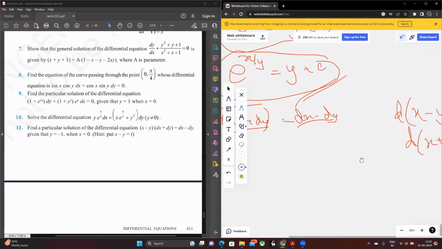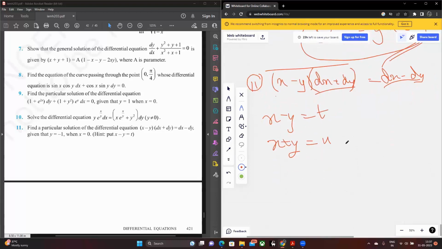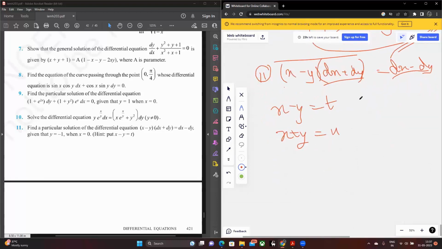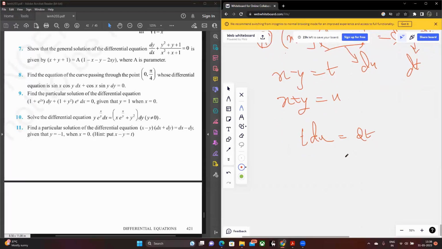So, let x minus y equals t, x plus y equals u. This means that this is basically dt, this is basically du. So we have t du equaling dt.